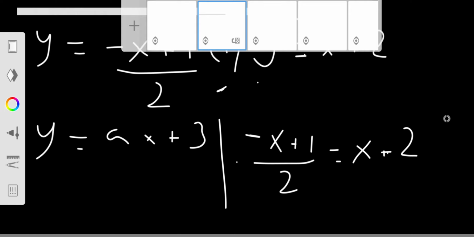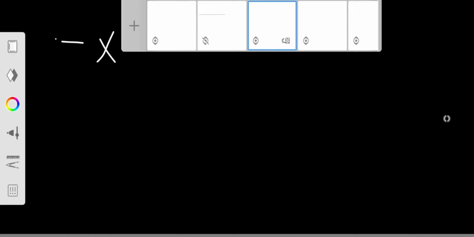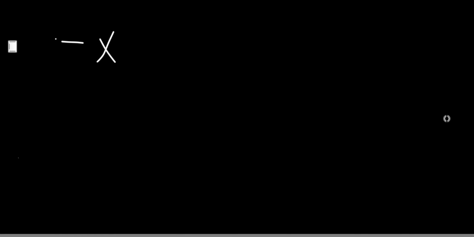This minus x plus 1 divided by 2 is equal to x plus 2. So by putting the 2 on the other side, we will have minus x plus 1 is equal to 2x plus 4, okay?